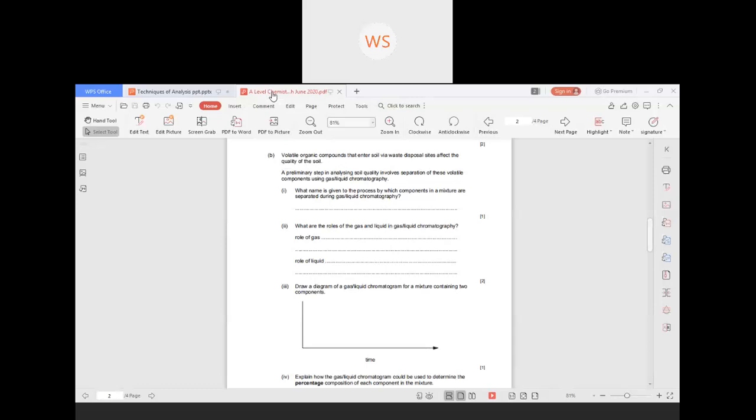And then the third one: draw a diagram of a GLC chromatogram for a mixture containing two components. Two peaks, exactly.